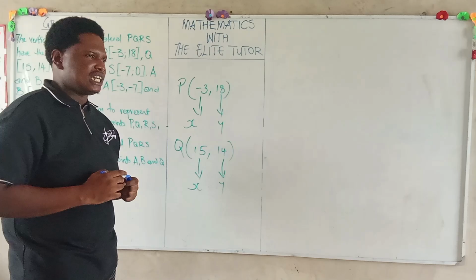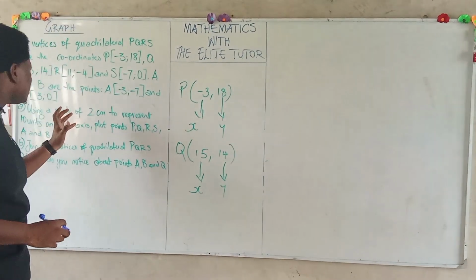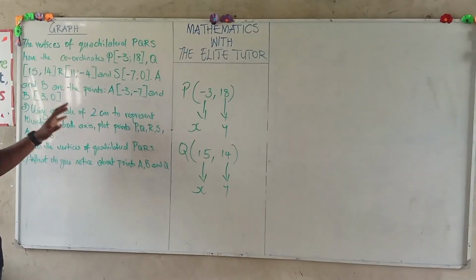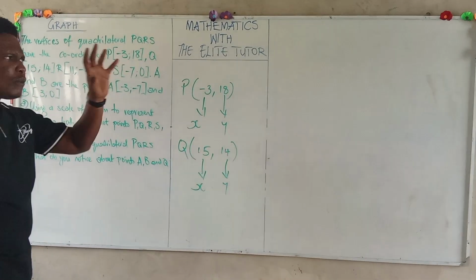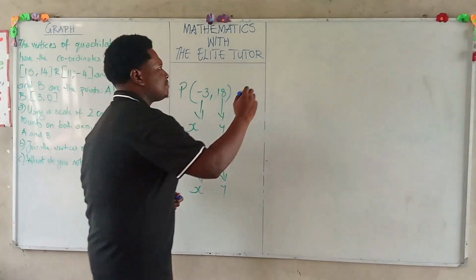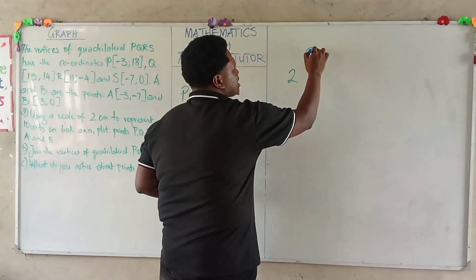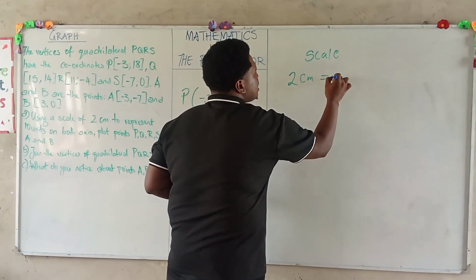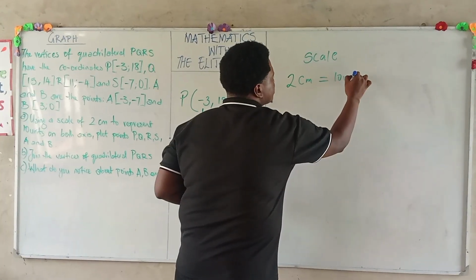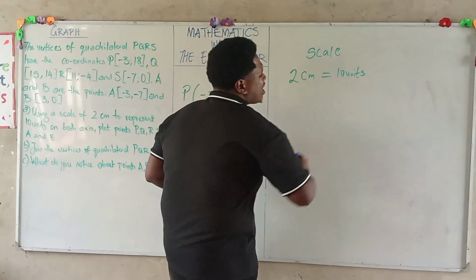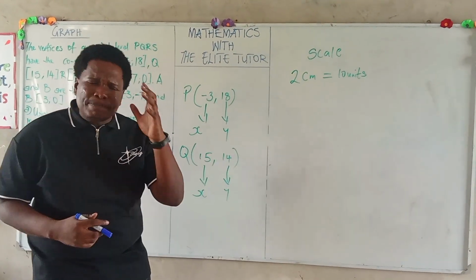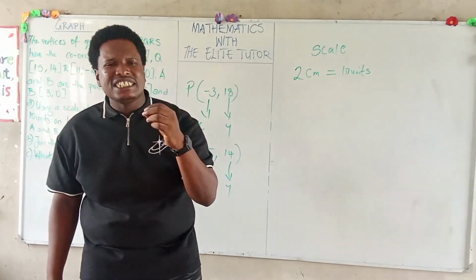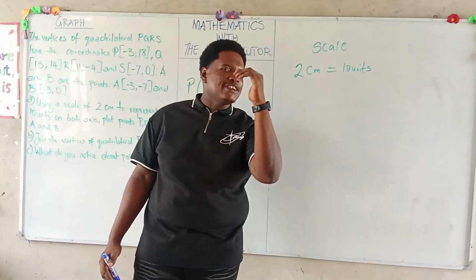So very, very important. And the next thing we also have to consider in a given question like this is the scale. We have the scale given to us, 2 cm is equal to 10 units. Now what does this mean? This simply means that for every 2 small boxes on our graph sheet, it represents 10 units.